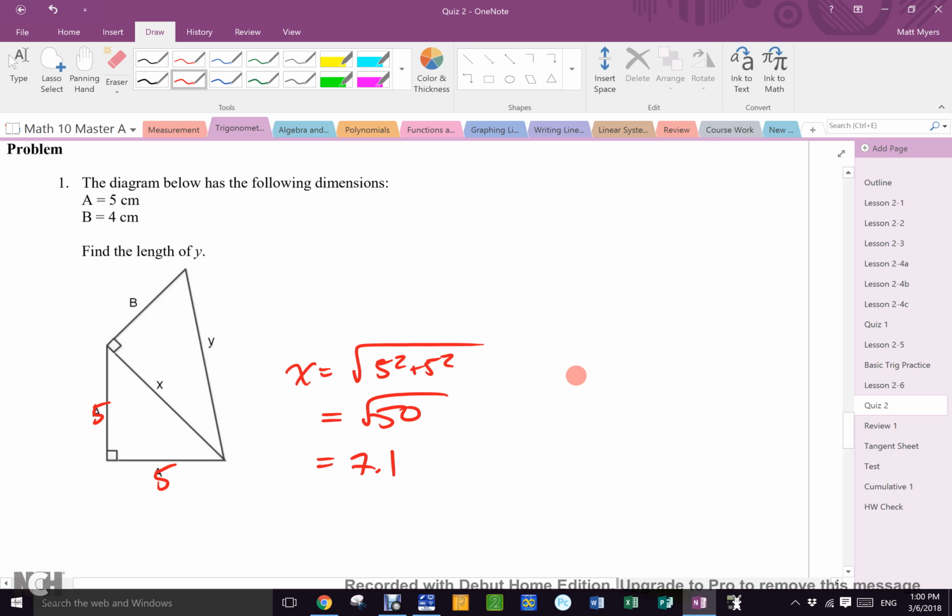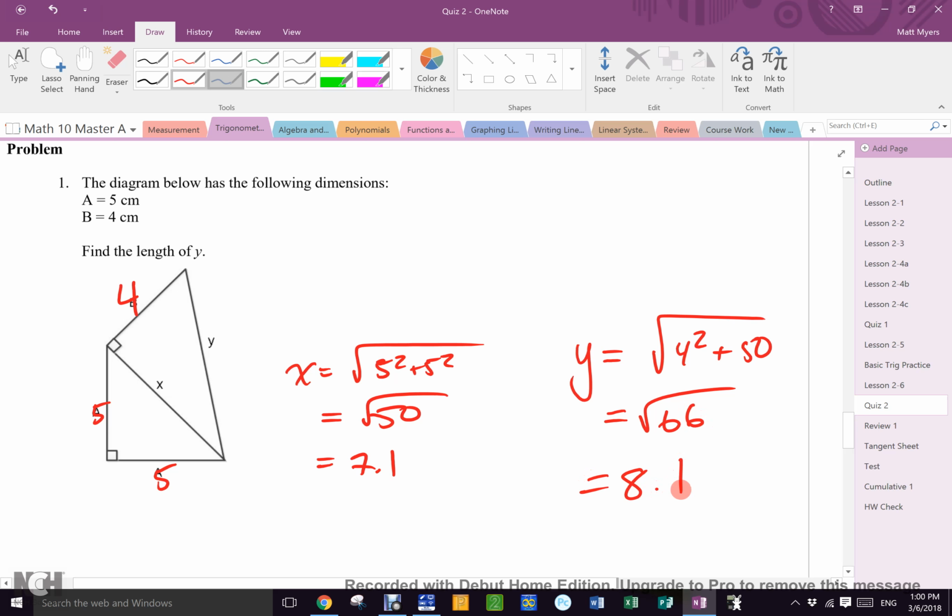Once you had 7.1, b was 4. So y equaled the square root of 4 squared, which is 16, plus 7.1 squared, which is 50, square root of 66, which is 8.1-ish, for 2 marks.